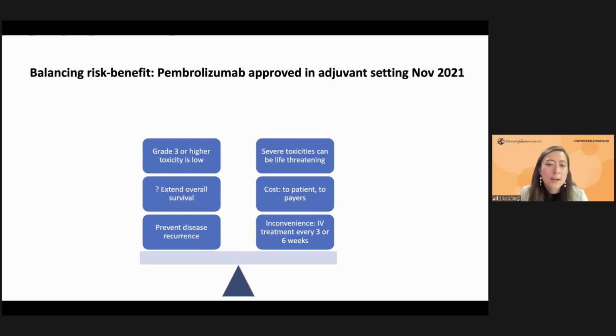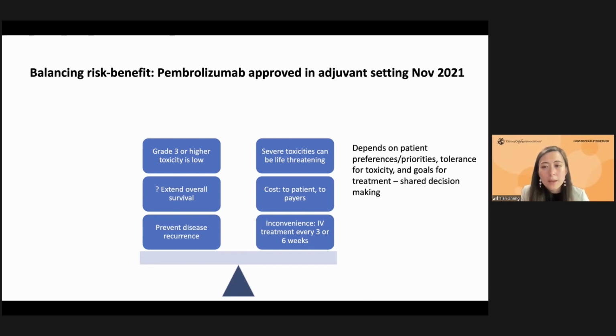Grade 3 or higher toxicities are quite low, but severe toxicities can be quite severe, can be life-threatening. There's a cost to our patients and our payers, and there's the inconvenience of IV treatments every 3 or 6 weeks while on treatment for 1 year of pembrolizumab.